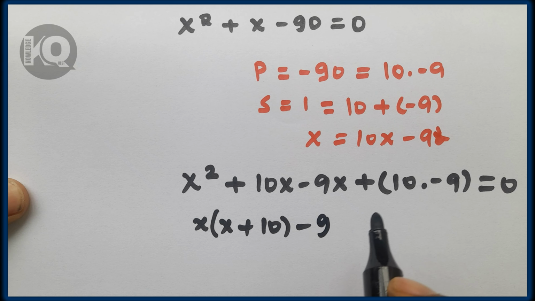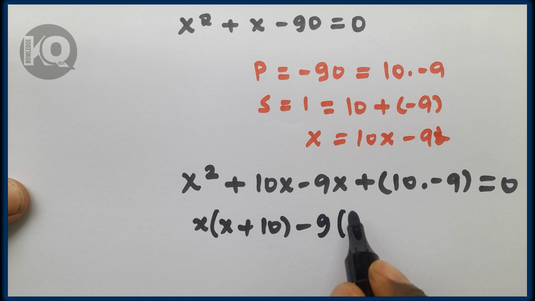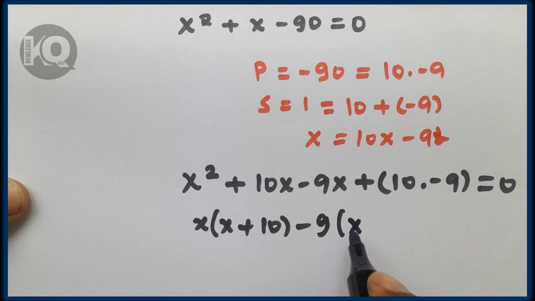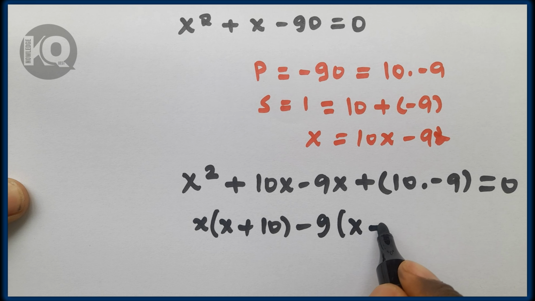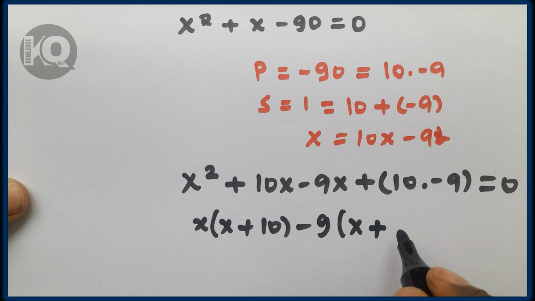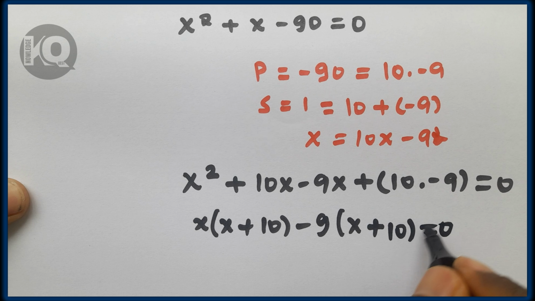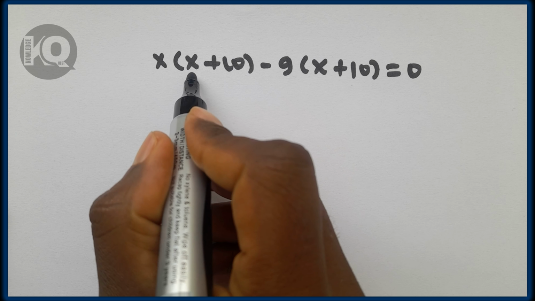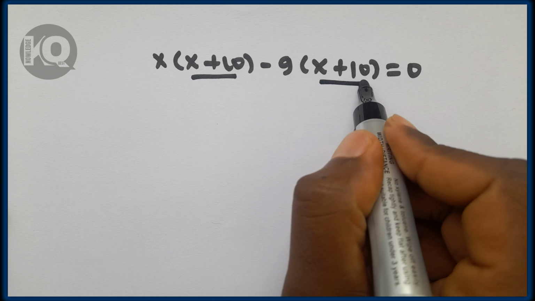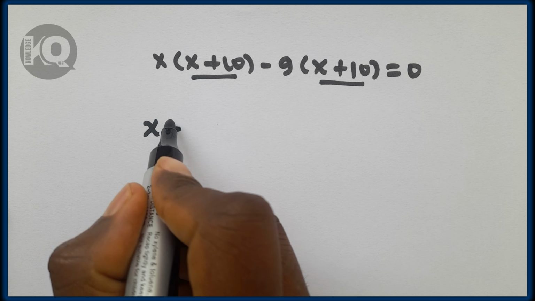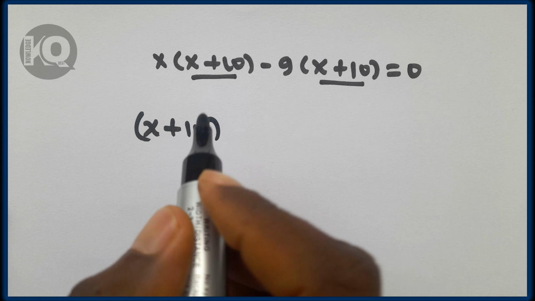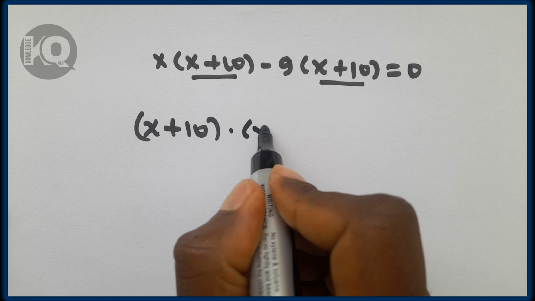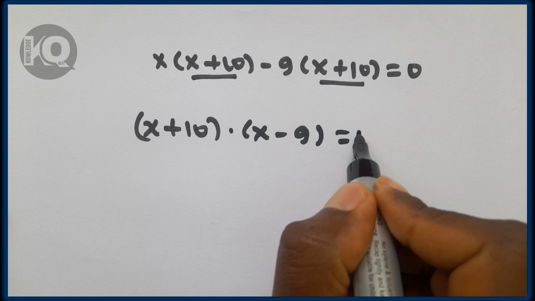So we can factor out minus 9: 9x divided by 9 will be x, plus 10, which is equal to 0. So we have a common term, which is x plus 10. So let's factor out x plus 10, and the remaining one is x minus 9, times x minus 9, which is equal to 0.